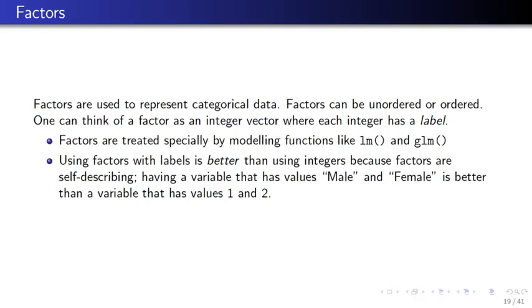In many data sets, you'll find a variable coded as 1 and 2, and it's not easy to know whether that variable is really a numeric variable that only takes values 1 and 2, or whether it's representing gender, where the ones are males and the twos are females. But that's not something that's coded in the data set, so it's hard to tell. If you use a factor variable, then the coding for the labels is built into the variable, and it's much easier to understand.